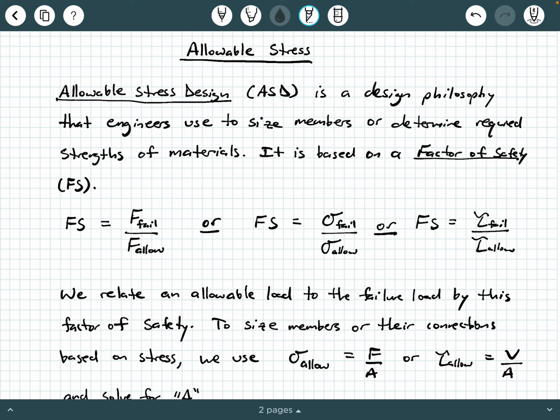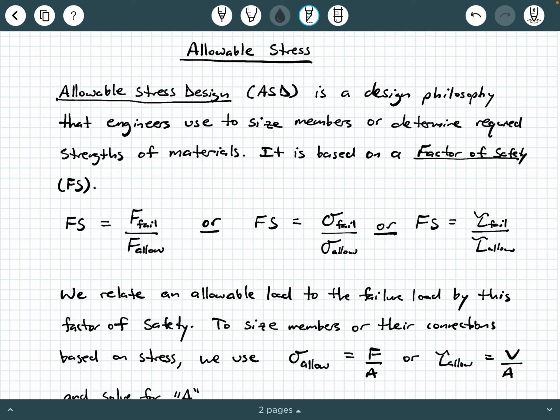Now, depending on what the situation is, you might be designing for a factor of safety of 1.5 or 2.0 or 3.0. It just depends on the particular situation, what you're designing it for, and why you're designing it, okay? So again, nevertheless, we're relating a failure situation to an allowable situation, okay? And that's what we say in this sentence here.